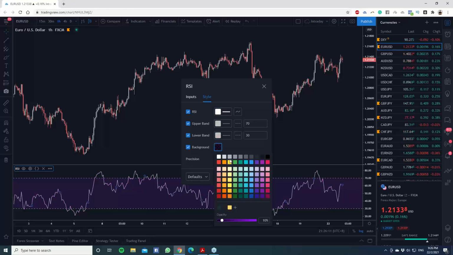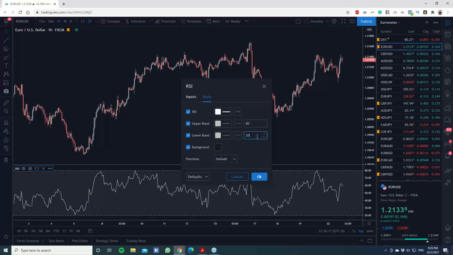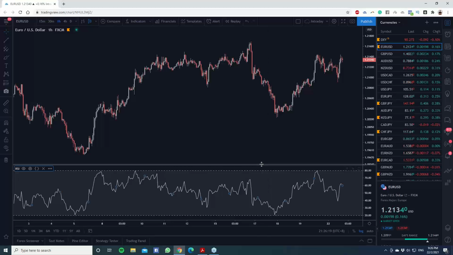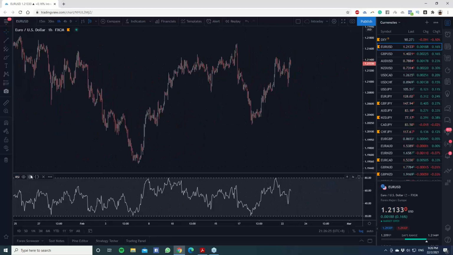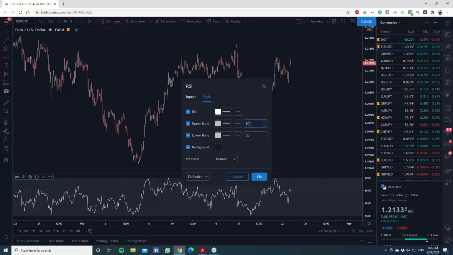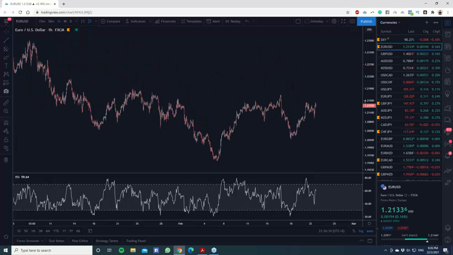Over here, I'm just going to change this to maybe 80 and 20 to filter a little bit. Okay, this doesn't help, right? Let me go back to 70-30, so I think we can spot more opportunities. So that's the default setting.